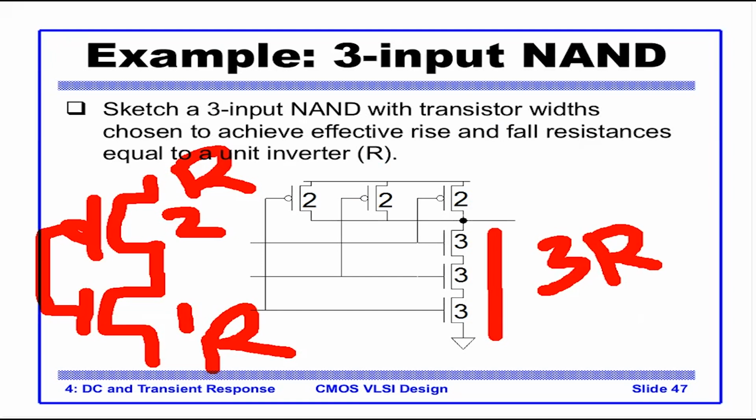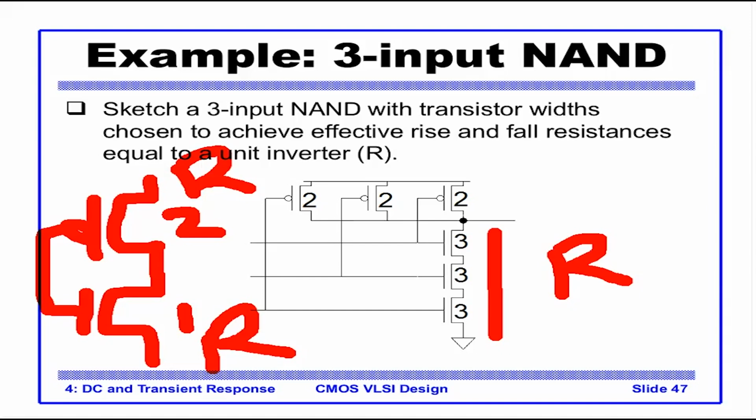Now if we make each of these transistors 3 times wider, the resistance of each becomes R by 3, so the total resistance seen by the pull down is nothing but R. So the resistance of this pull down circuit is R, and the resistance of a unit inverter is R.